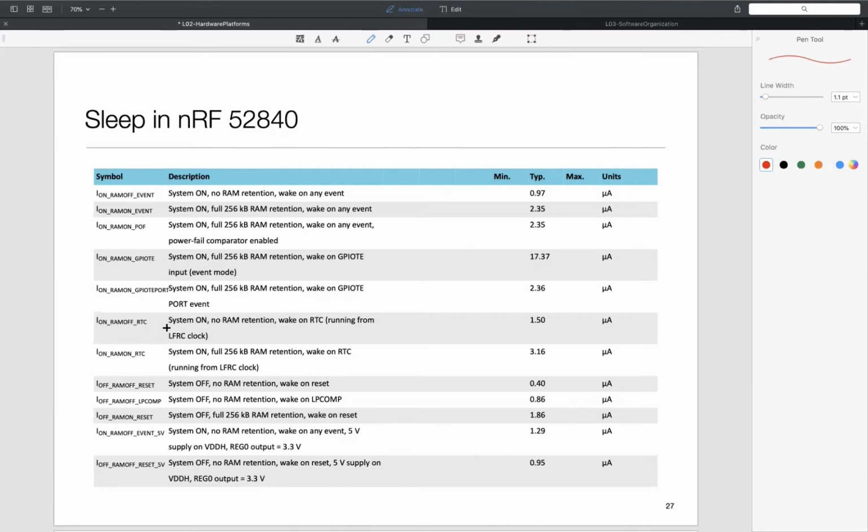You would see whether the system is on or off, whether the RAM data is being maintained or not, when you can wake up, all those kinds of issues. All those aspects result in a bunch of different modes. So there's a whole bunch of these different power states that exist, and it's the job of the software, specifically the job of the operating system, to deal with this.